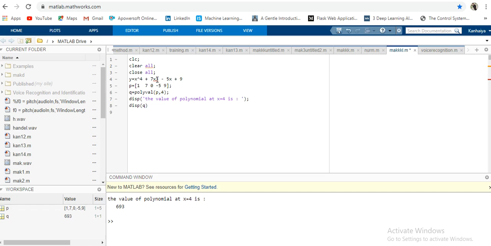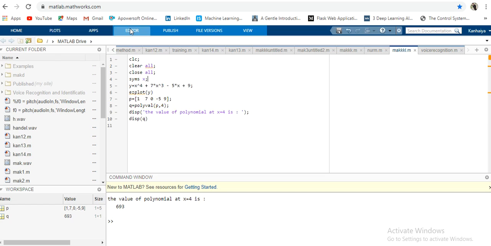If you have seen my previous tutorial, then you must know what I am trying to do here. Plot y versus x. Now let me run it.